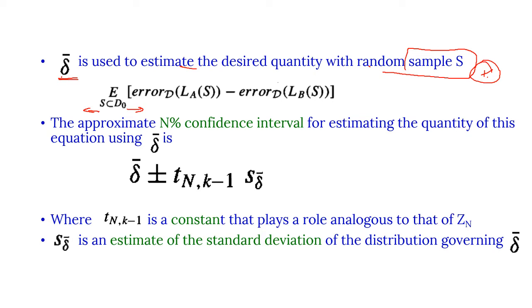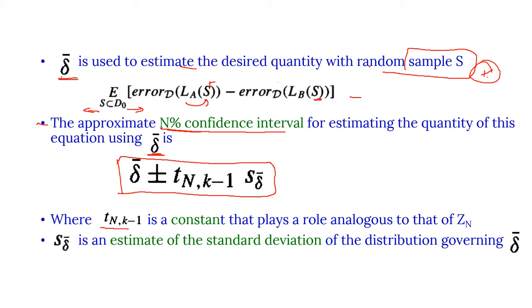Here error D of LA of S, so we are using the same sample for estimating both the algorithms, LA of S minus error D of LB of S. Next, the approximate N percent confidence interval for this quantity by using delta bar, which is equal to delta bar plus or minus t n comma k minus 1 times s of delta bar.